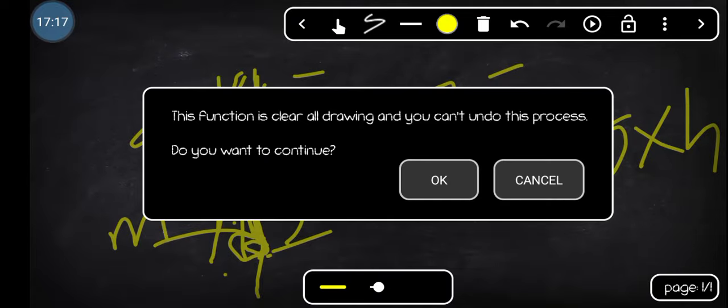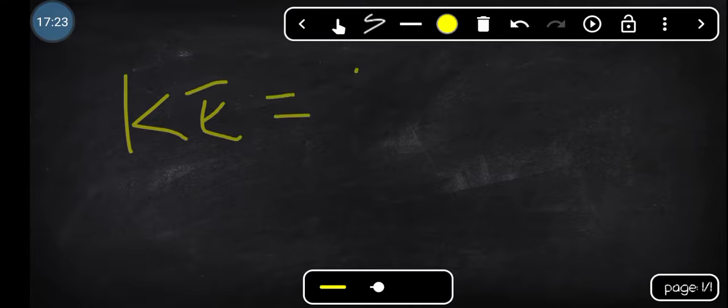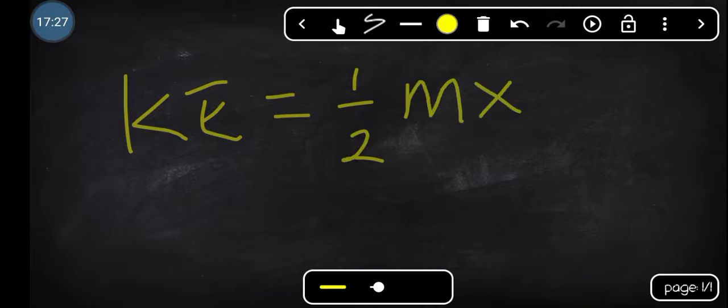Let's talk about kinetic energy. Kinetic energy, KE, is fundamentally equal to half m v square. This is a very important formula in physics. Half times mass times v square.